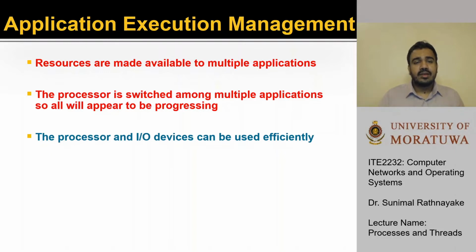So due to this application execution management conducted by the operating system, we will see that the multiple applications running on the computer are progressing. The processor and I/O devices can be efficiently used due to the application execution management schemes performed by the operating system.